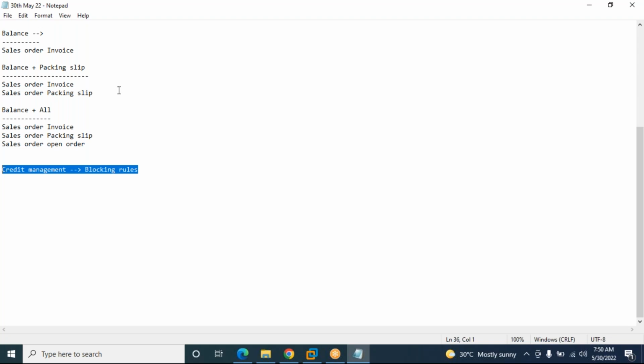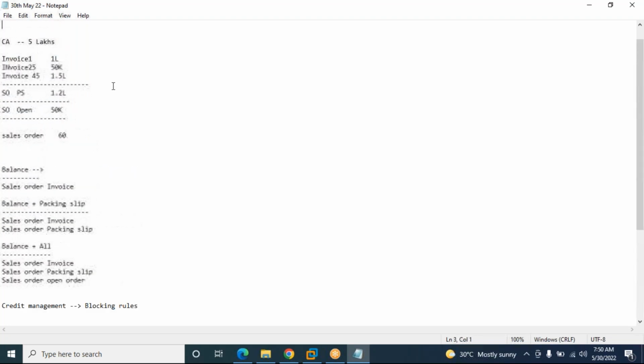But whenever I am selling, I need to think about the credit limit. That is the most important: whether the customer is in a position to repay my money or not. That is the reason workflows do not exist for the sales order. For the purchase order, workflow is mandatory for 90% of clients, because whatever I'm purchasing from the vendor, whether it is really a sellable item or not matters.